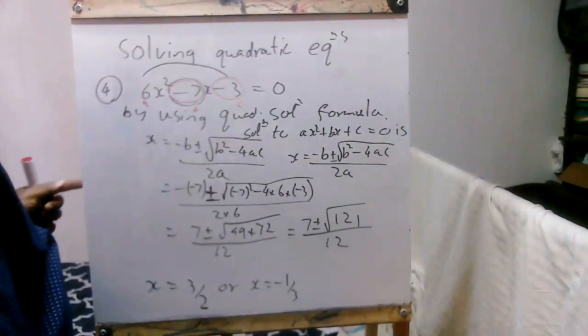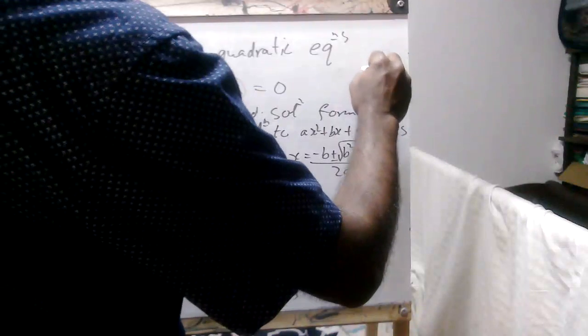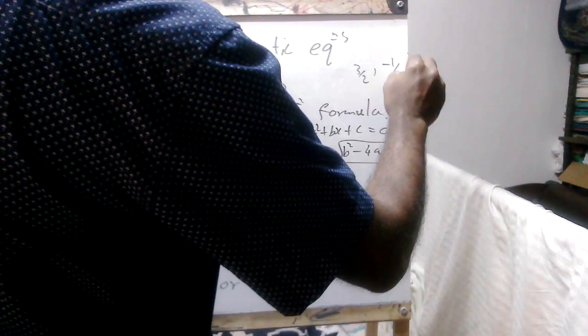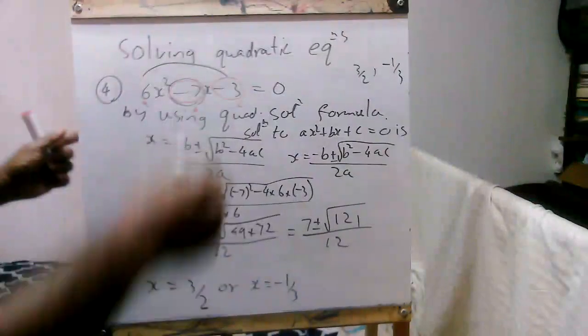I write these two answers on the side: 3 over 2 and negative 1/3. This is to compare.